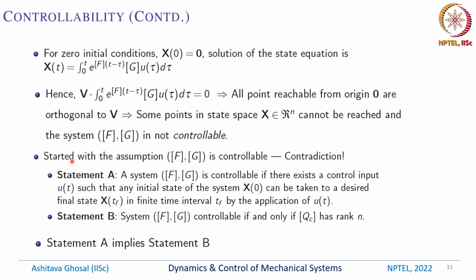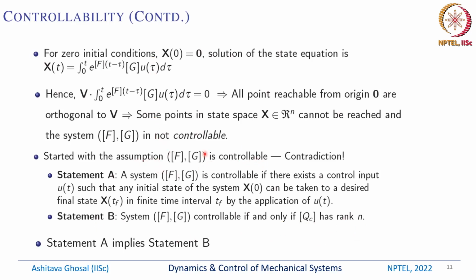So hence statement A implies statement B. What did we start with? We assumed statement A was true, and we assumed that statement B was false, that the rank of QC was less than n. And then I have shown you that this cannot be true.